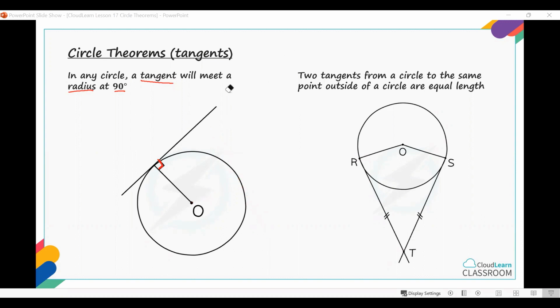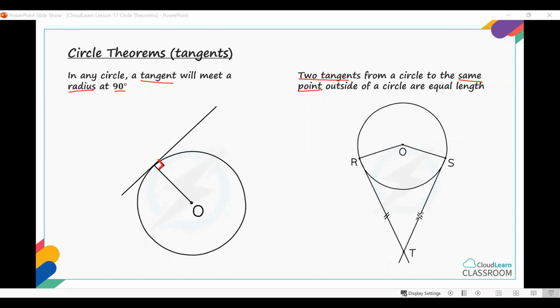And then another circle theorem that comes from tangents is that two tangents that come from the same point, the same point, that's a key word, outside of a circle, and then they meet the circle at two points on the circumference like this, then they're equal length. So you can see these dashes here to say that they're equal length, okay?